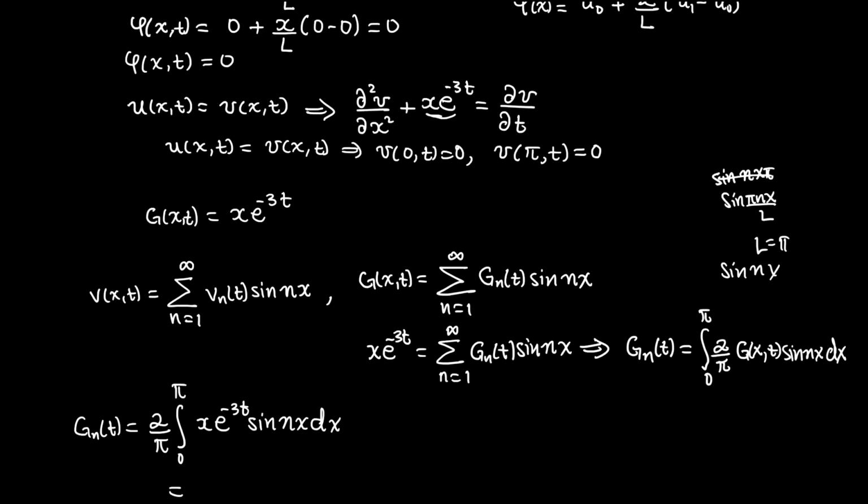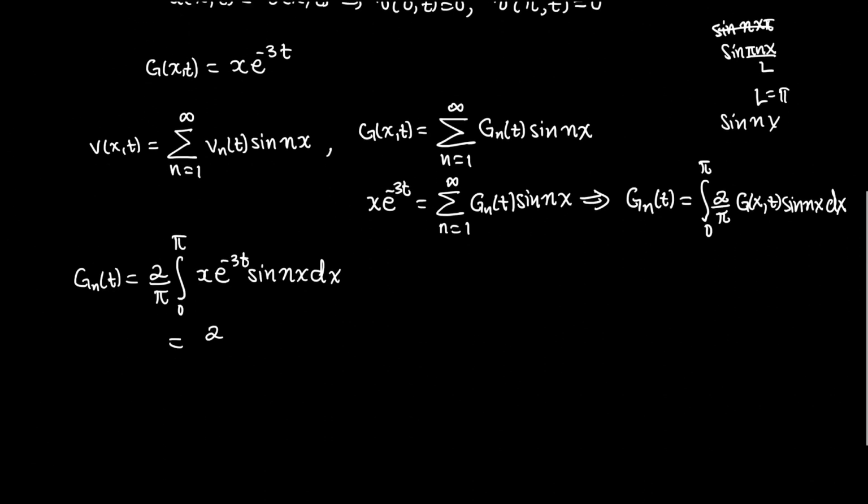Then I have 2 over pi times e to the power minus 3t, which is a constant, times the integral from 0 to pi of x sine nx dx. Now this integral, I can just solve by parts or whatever method you want to use. If you have any problem with solving integrals, just let me know in the comments and I will make videos on how to integrate, how to master integration. Okay, this integral, just solve it quickly.